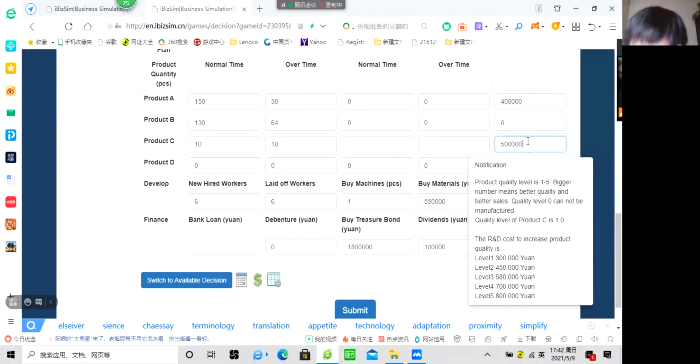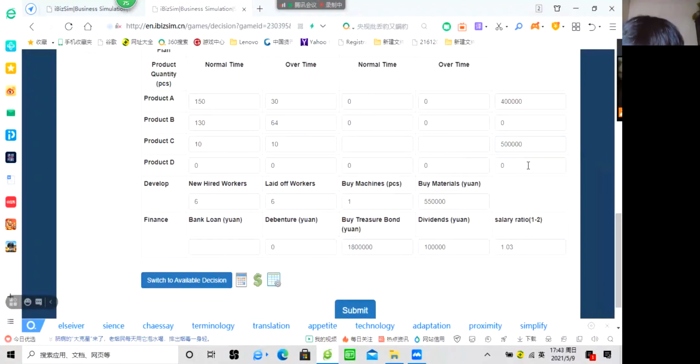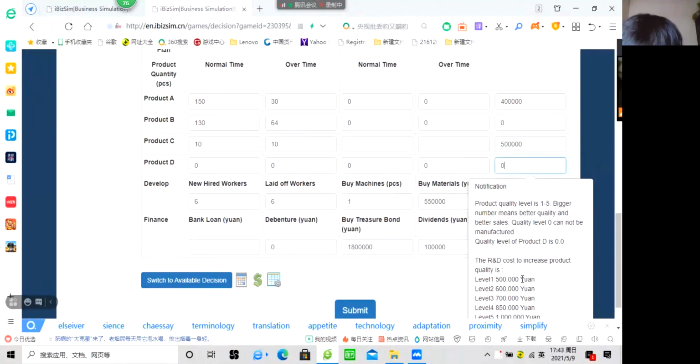Yes, the data you put there is correct, because we want to produce product C. But according to the competition rule, 300,000 is enough, but now you put too much. 500,000. So this is for this one.